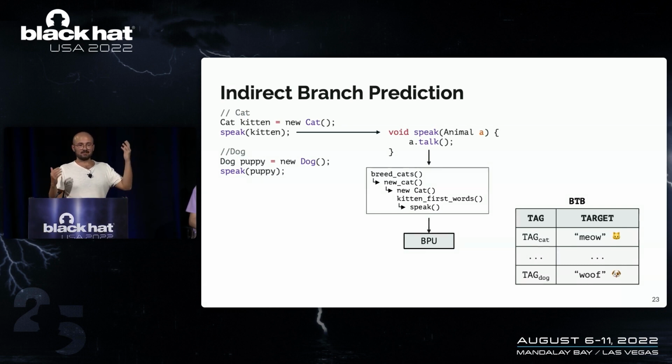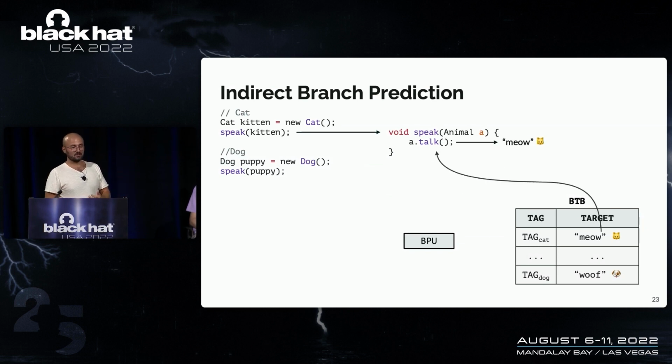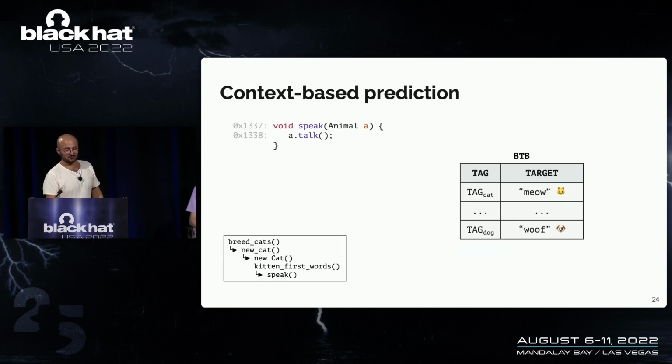And this is basically the context that allows you to distinguish which one of the two you're coming from. So at this point, you can use this context to generate the tag for the BTB. Since the context is very cat-related, you're supposed to speculate then to the meow function.